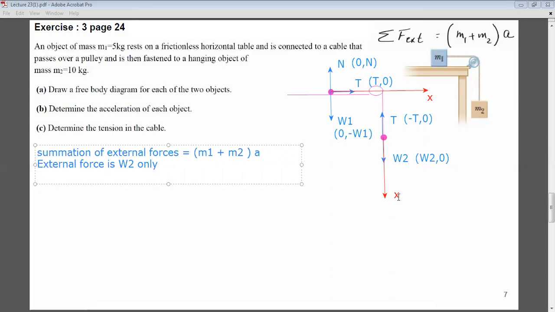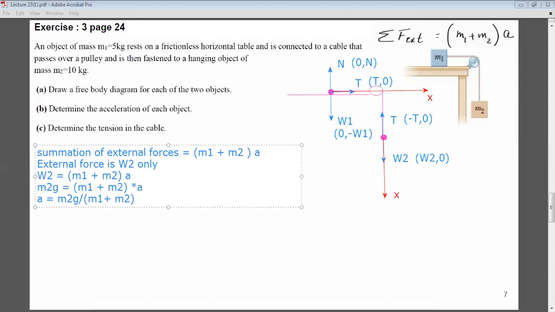Now I apply: W2 is equal to (M1 plus M2) times acceleration, so M2G equals (M1 plus M2) times acceleration. So acceleration is equal to M2G divided by (M1 plus M2).